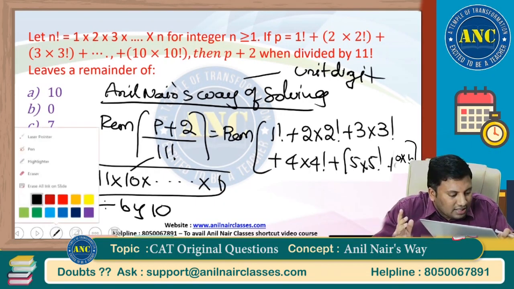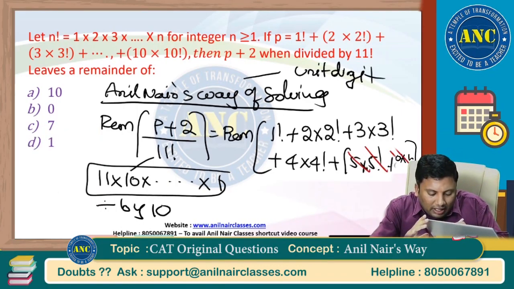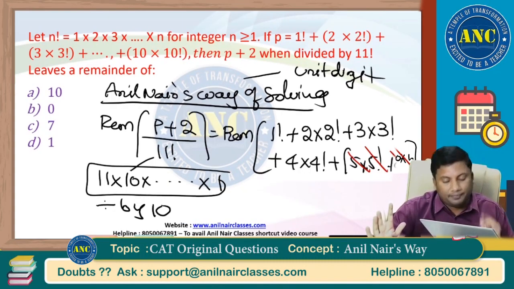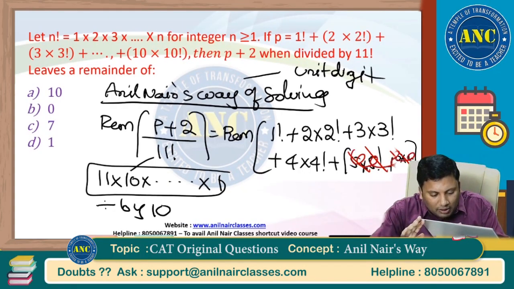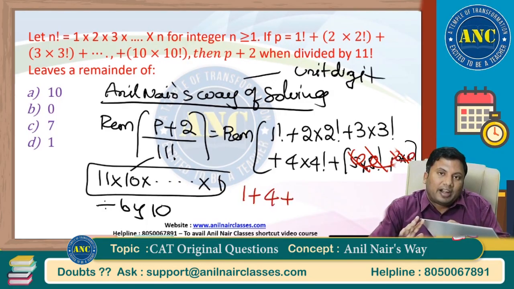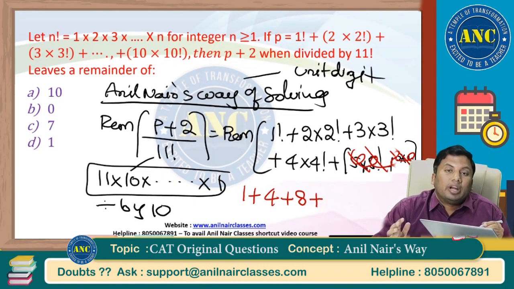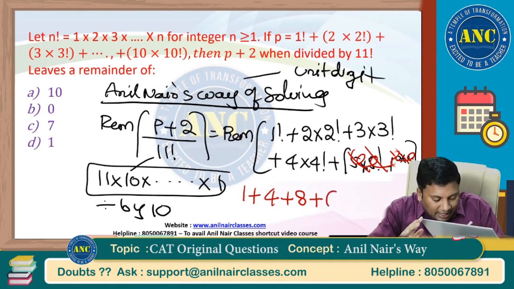Now, see here, sir, 5 into 5 factorial. 5 factorial is 120. It is divisible by 10. All of these are divisible by 10. These: 1. 2 into 2, 4. 3 factorial is 6, 6 into 3, 18, so 8. 4 factorial is 24, 24 into 4, 4 fours are 16, 96.